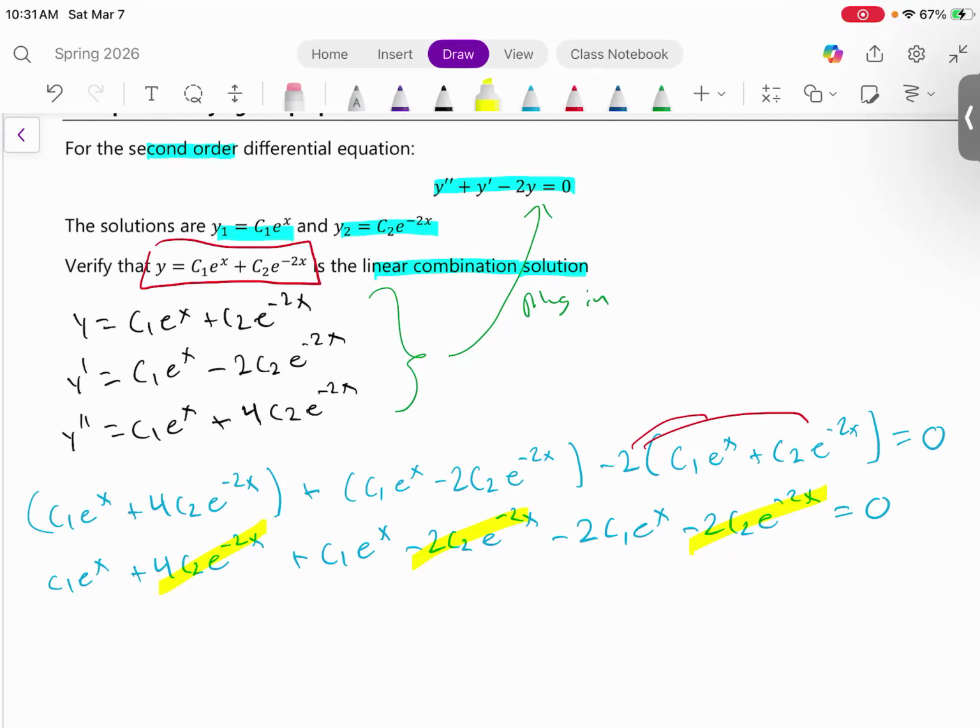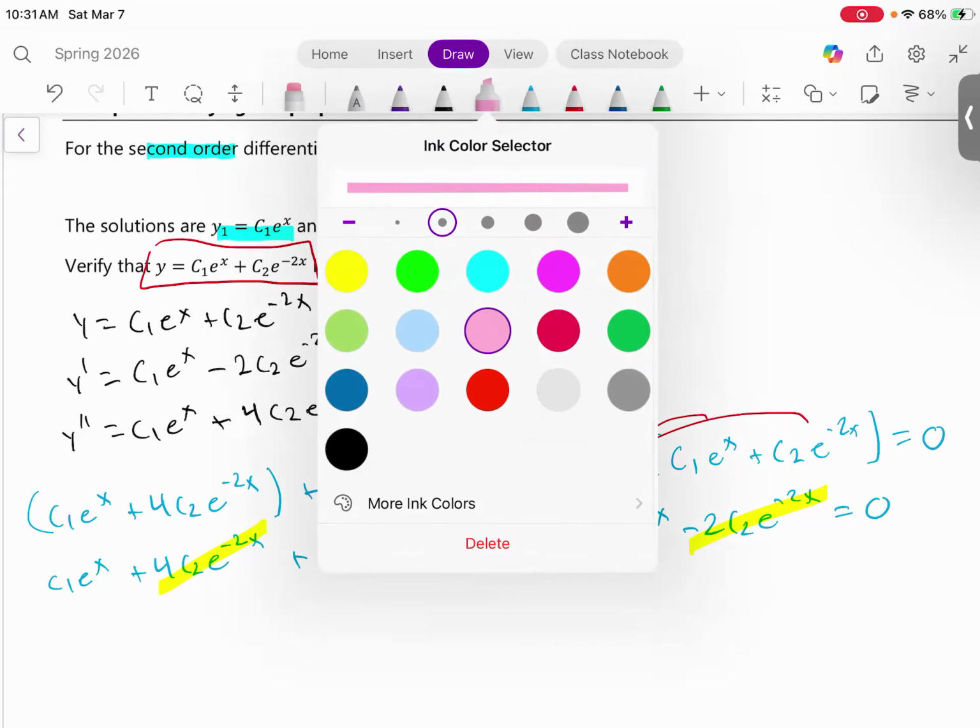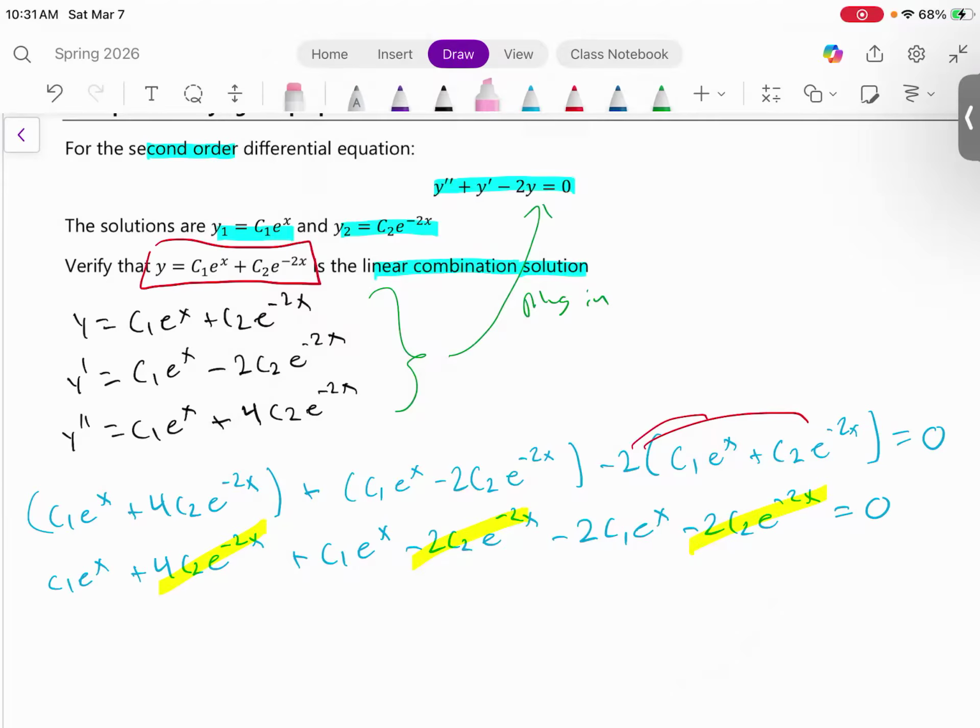And likewise, the c1 e to the x plus c1 e to the x cancels out with negative 2 c1 e to the x. So essentially what I get down here is 0 equals 0, and it's verified that it's a solution. Solution, check mark.